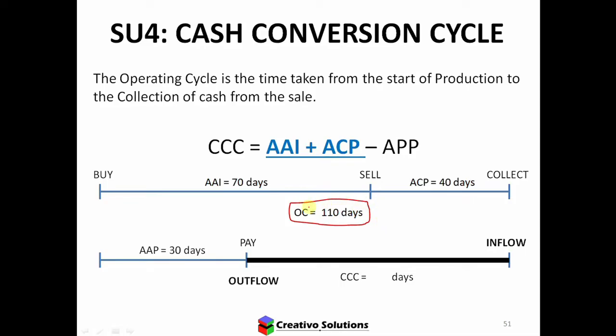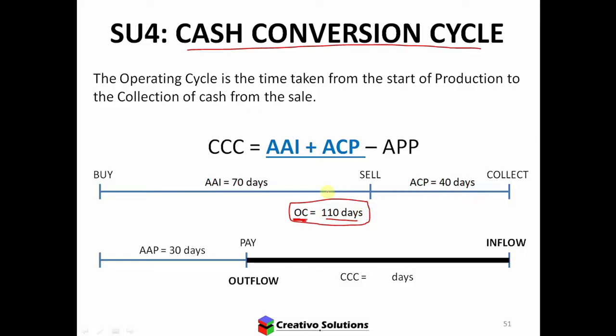If you've done management in some of the other modules, they talk about businesses, operations, different activities, and how to manage those things. So this is purely from a cash conversion cycle point of view, our operating cycle. If I have stock, the stock has to become debtors. That debtor needs to then pay. It takes a total of 110 days.